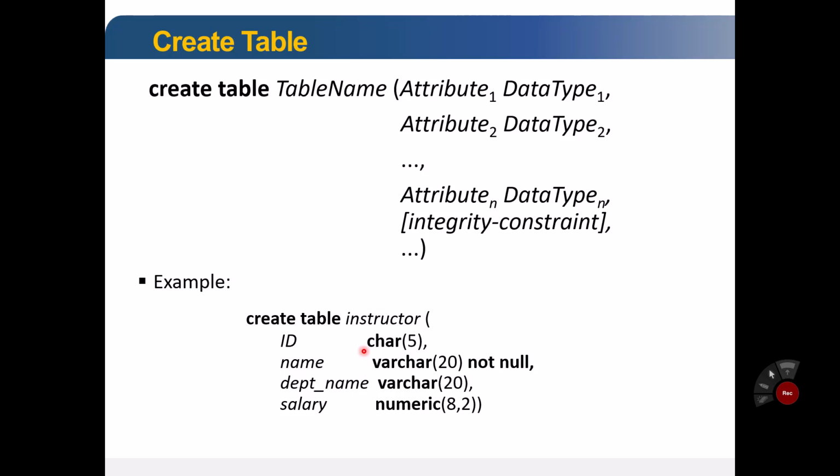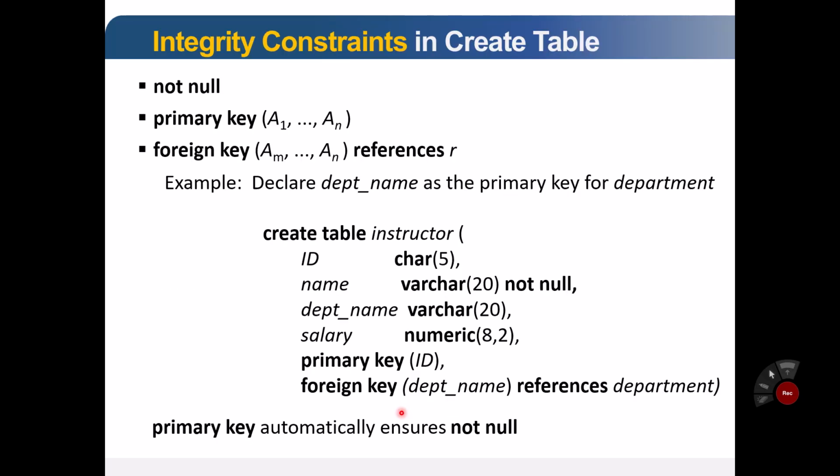Then if you try to insert a record with a null value for the name attribute, that insert statement is going to be rejected by the DBMS. And in addition to this non-null constraint, you can specify some additional constraints like primary key, foreign key, and so on. And what is a primary key?